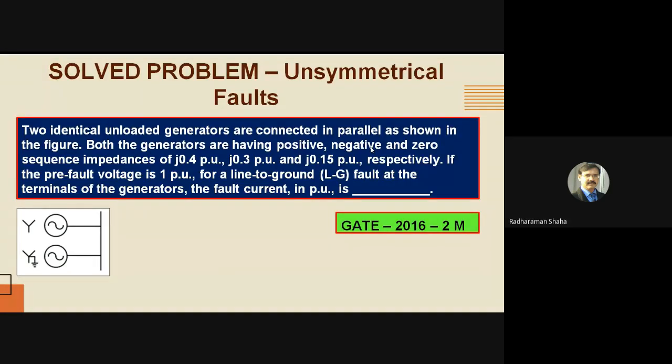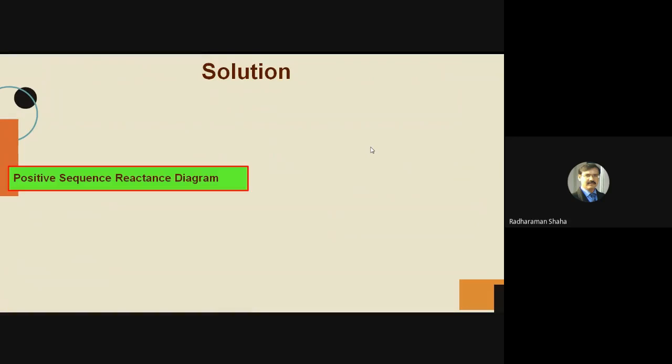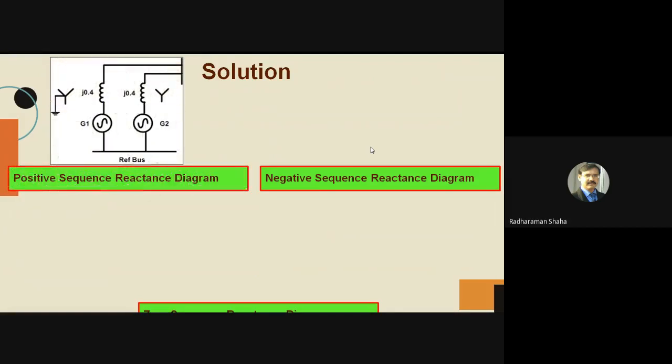All right, so is it clear everyone? I hope you will be able to calculate Z1, then Z2 and then Z0. So I will give you the diagrams one by one: the positive sequence, negative sequence and the zero sequence reactance diagram.